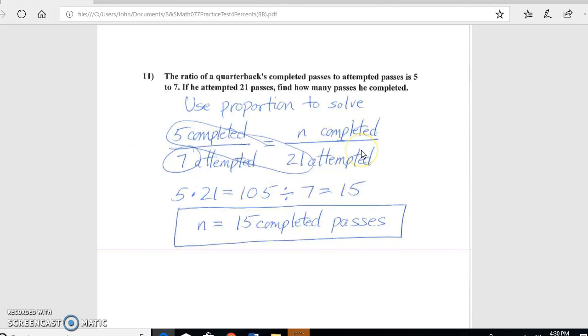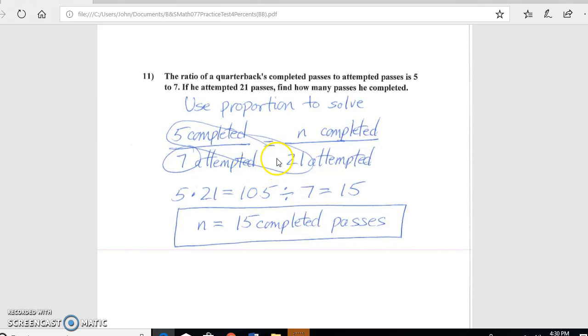Now, the first sentence tells us that the ratio of completed passes to attempted passes is 5 to 7. That means that the completed passes would be 5, the attempted passes would be 7. And so that's what I've set up over here, 5 completed passes out of every 7 attempted passes.